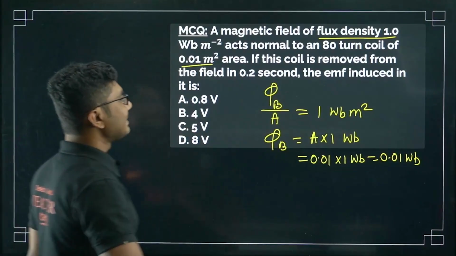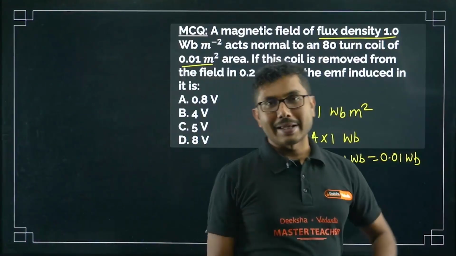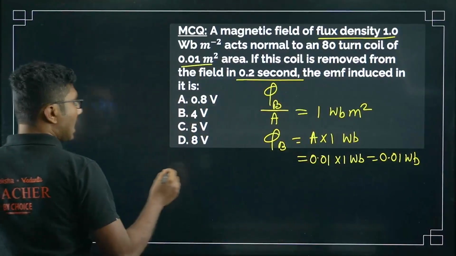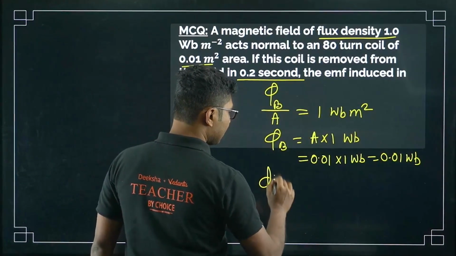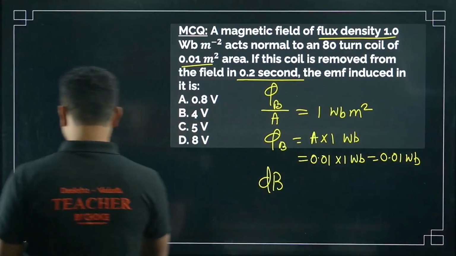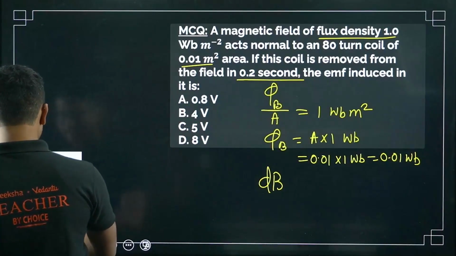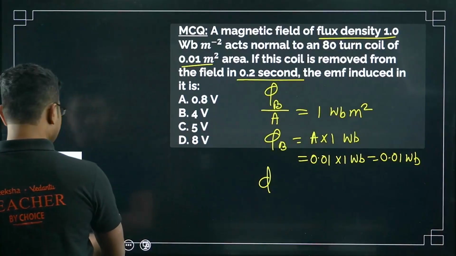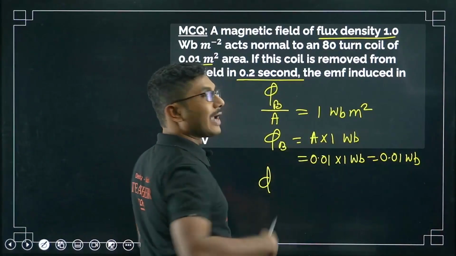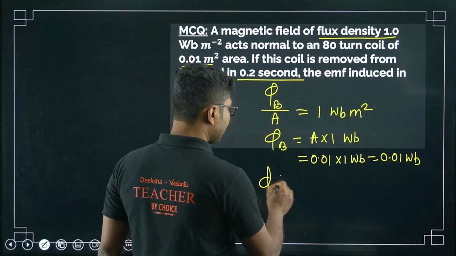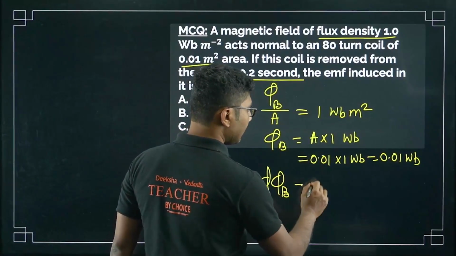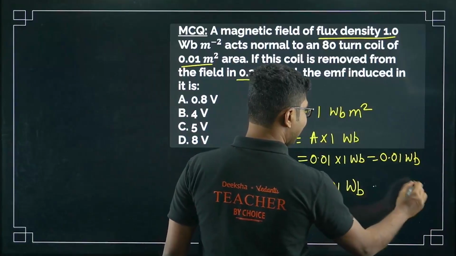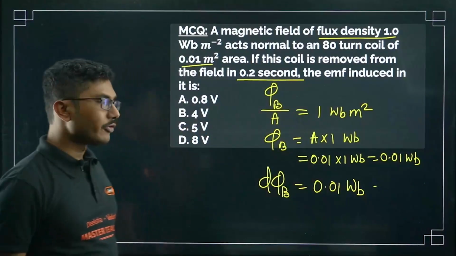Now this coil is removed from the magnetic field in 0.2 seconds. That means the change in flux is, if you remove it from the magnetic field, initial flux is this, final flux is 0. So change in flux is basically 0.01 Weber minus 0. The 0 we are not going to consider.